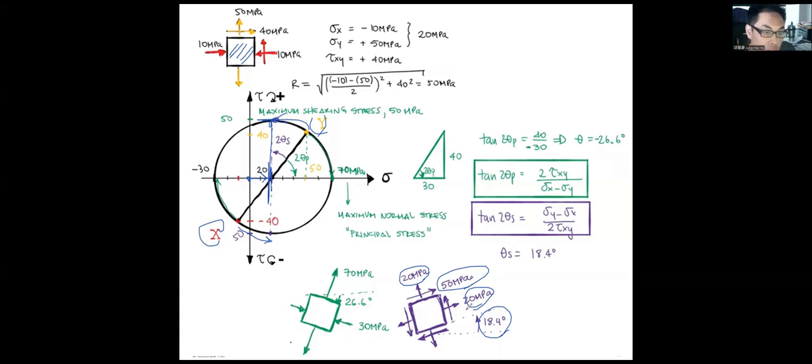Suppose we have a specimen under tensile stress, like this dog-bone shape, and we apply the force. Which plane, which angle, is the most likely to trigger the slip process?